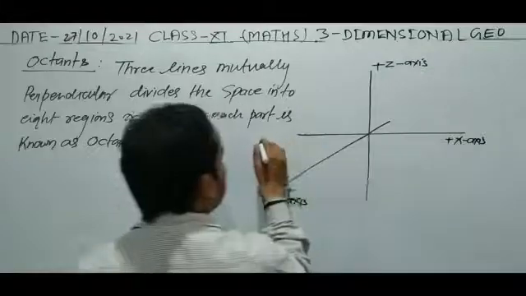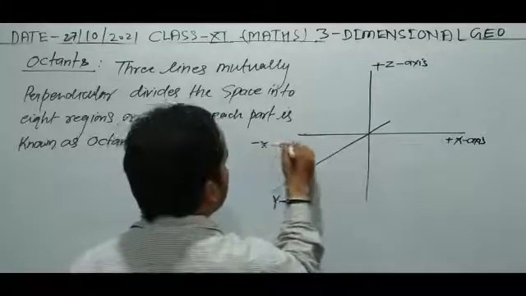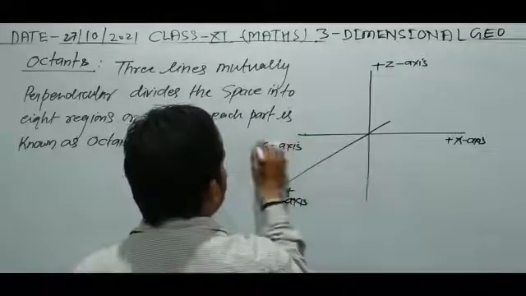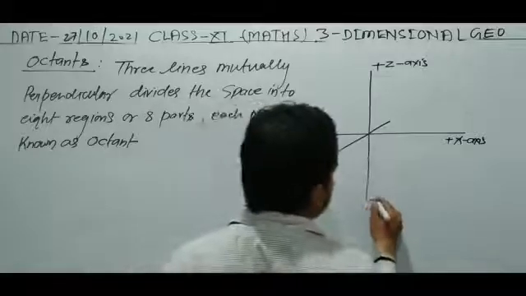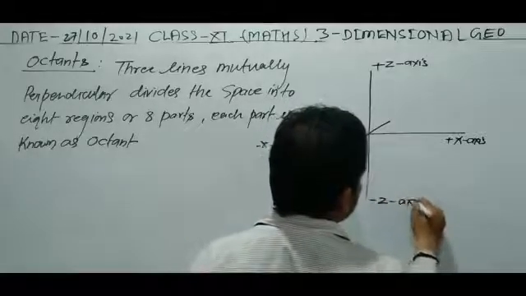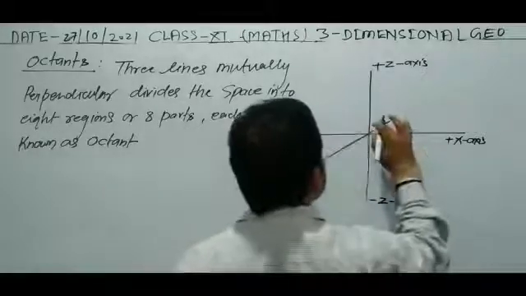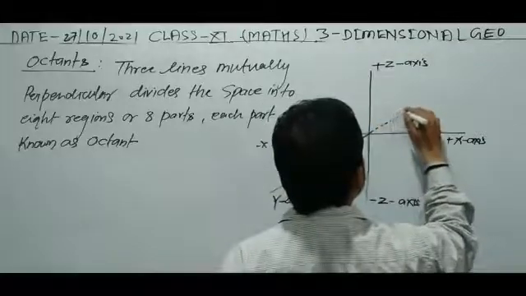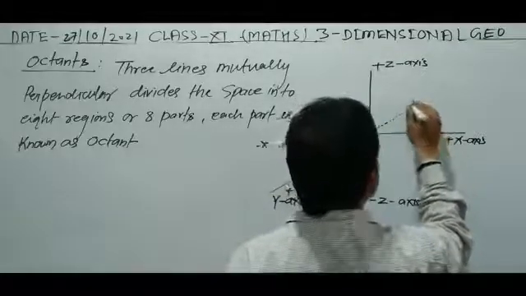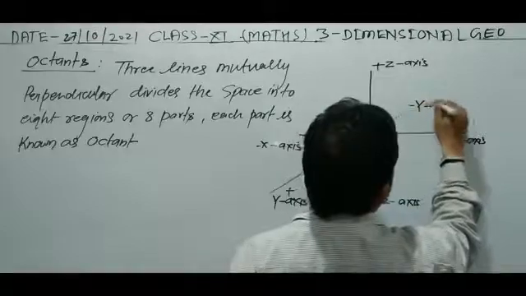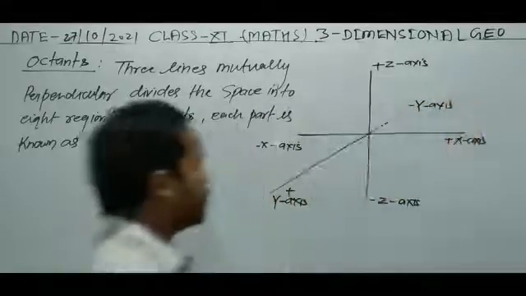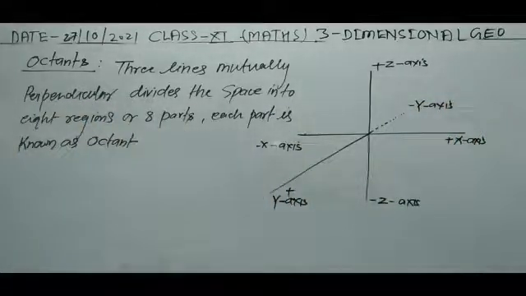Now this will be the negative x-axis, this is the negative z-axis, and this is the negative y-axis. So this is known as an octant.